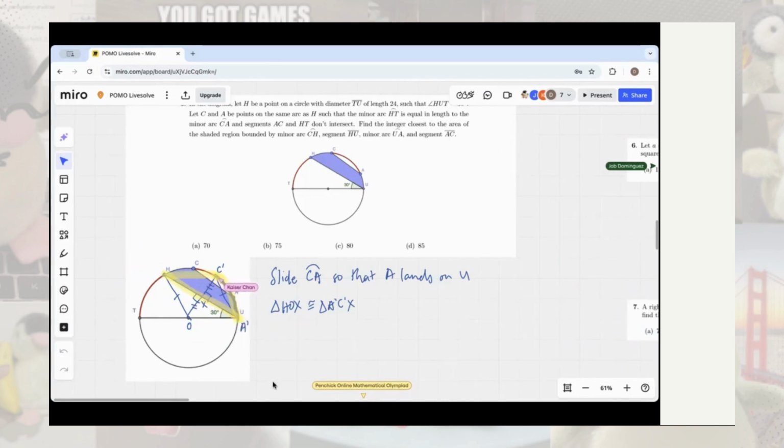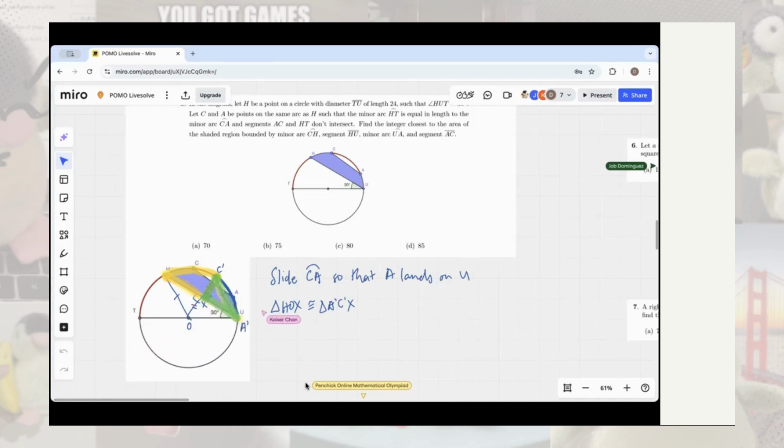So this is a straight line. And then since we have two congruent triangles, I'm going to split the yellow region into two regions. So this is the orange one and then the green one.